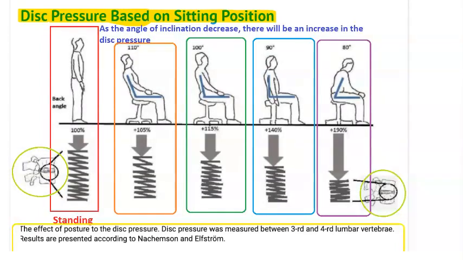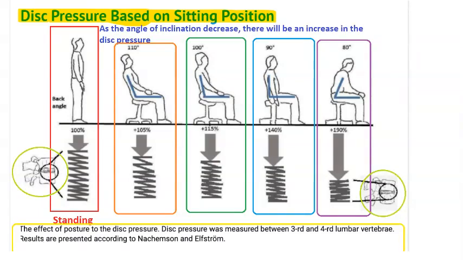This figure shows the disc pressure based on the sitting position and the effect of posture to the disc pressure. The disc pressure was measured between 3rd and 4th lumbar vertebrae. The results are presented according to Nachemson and Elfstrom. So as you can see, from standing, the pressure is around 100%.